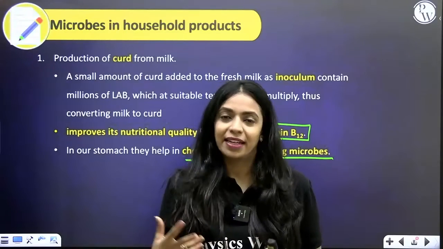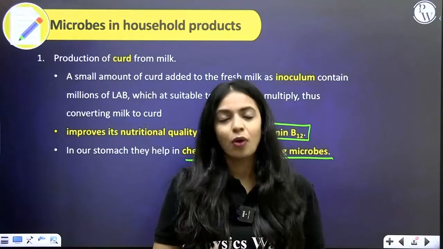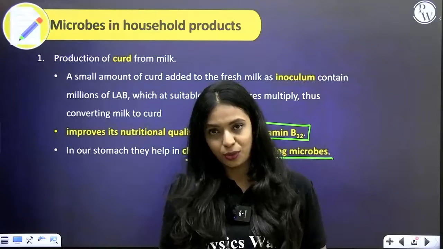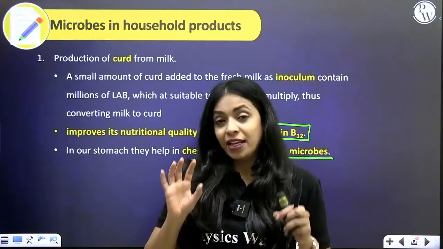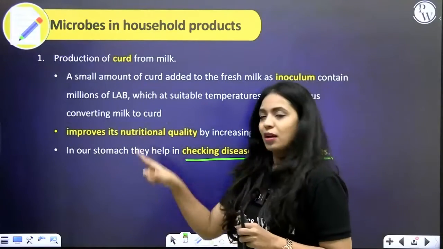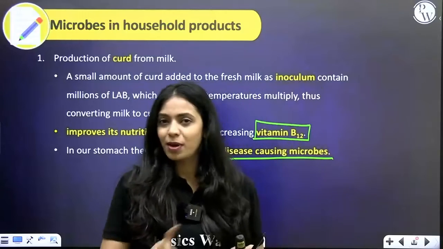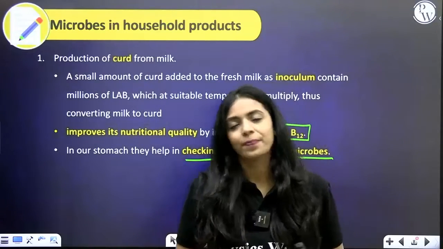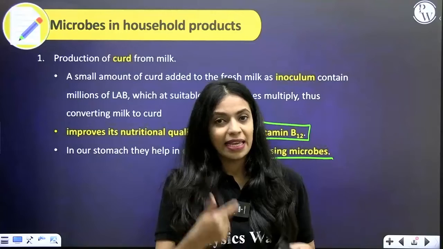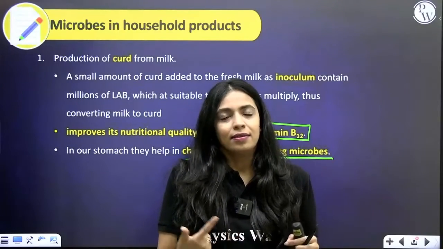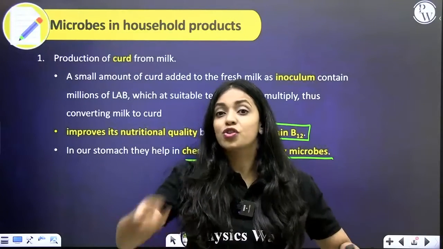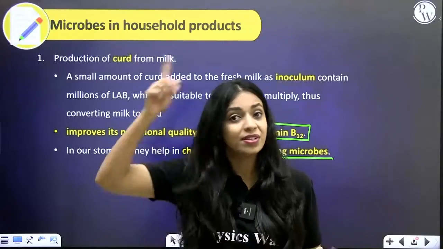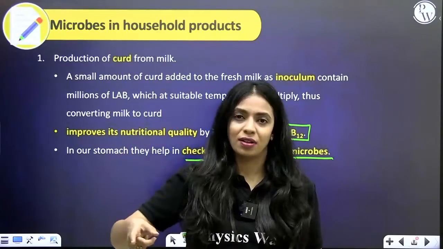So what the lactic acid bacteria in the curd do is, in your NCERT it's given that it's present in the stomach, but I'm not sure if it's present in the stomach. I think it's present in your intestine. So what basically happens is, in the intestine, maybe you could have consumed some food that is contaminated with a disease-causing pathogen.